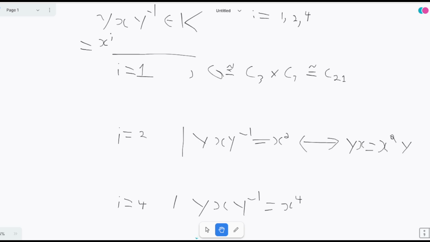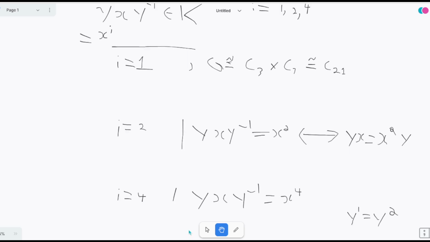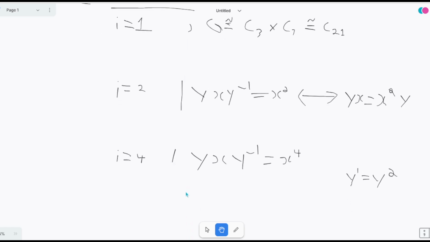In this case, actually, if we let y prime equal y squared, recall that y is a generator of a group of order 3. So y squared will be the other non-identity element in that group, and it will also be a generator of that group, meaning that y equals y prime squared.